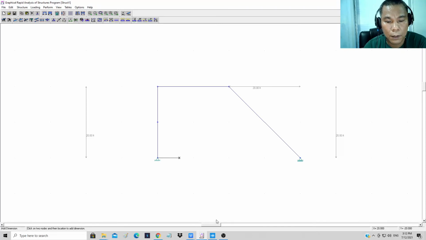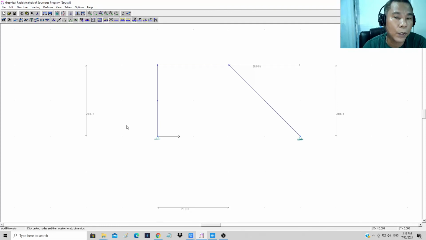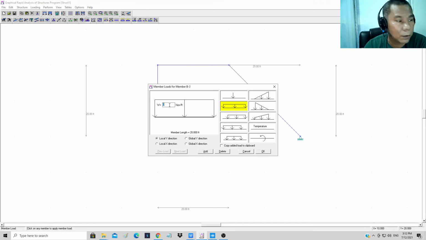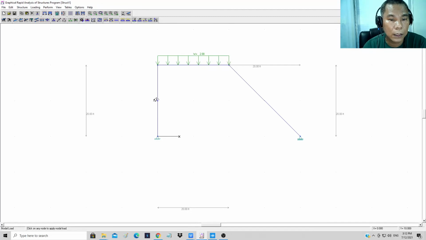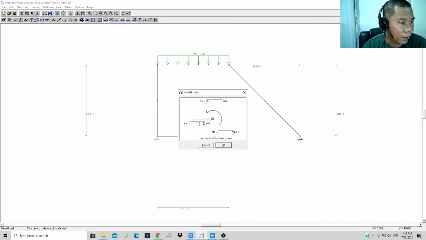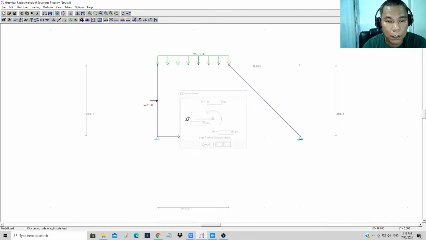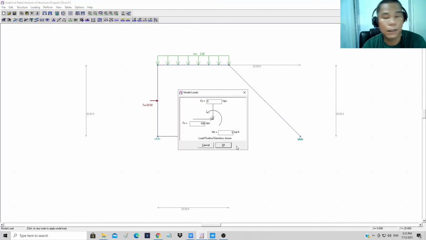This one, yeah, 20. Okay, then we can add the uniformly distributed load here, which is equal to 2 kips per linear foot, and the lateral force here, which is equal to 20, and we have also a lateral force here, which is equal to 10.